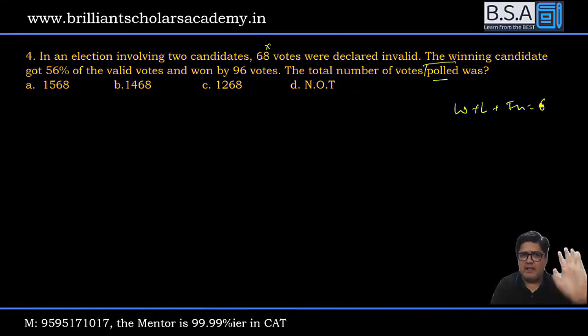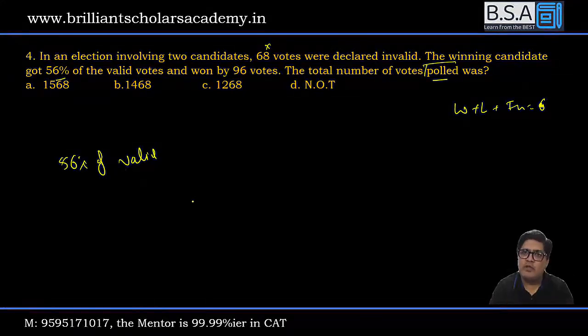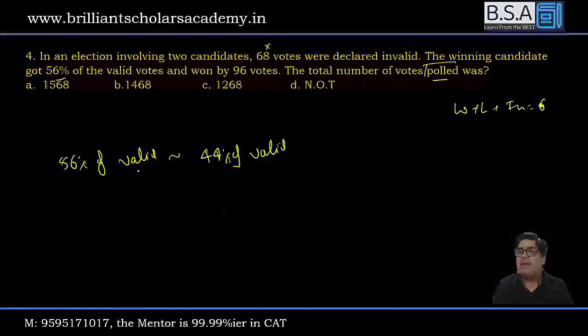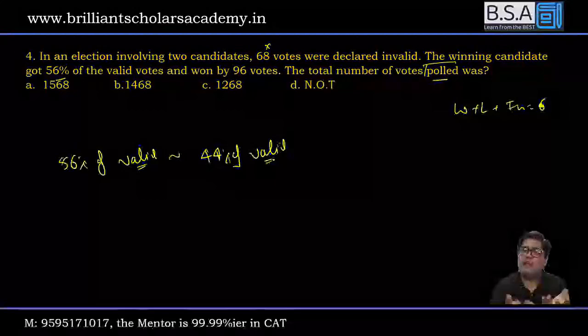बाद में we'll think. Winner has got 56% of valid votes. So how much would loser have got? Loser would have got 44% of the valid votes. What I am trying to teach you here is you can add or subtract percentages if the base is same. 56% of valid, 44% of valid. कर दो plus minus.